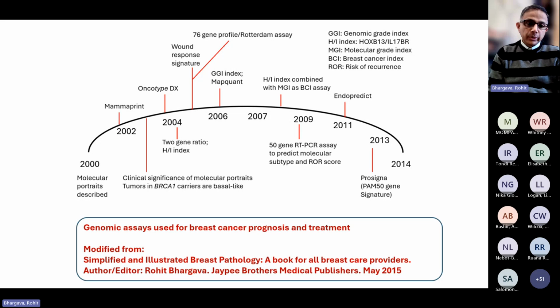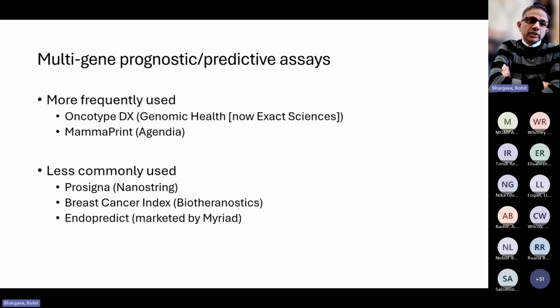And as we now know, many of these assays, 70 gene assay or 21 gene assay, have been commercialized into the multi-gene prognostic predictive assays. The two most frequently used are the 21 gene recurrence score, the Oncotype DX, or the 70 gene score, the Mammoprint. There are other less commonly used, Prosigna, Breast Cancer Index, and EndoPredict.